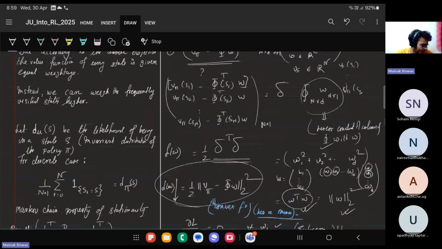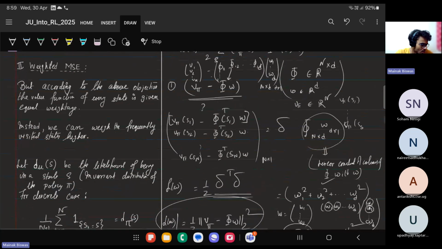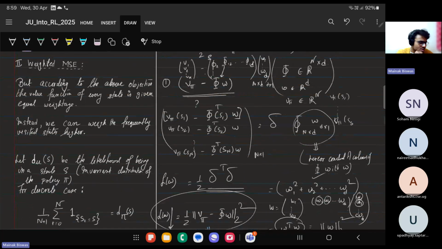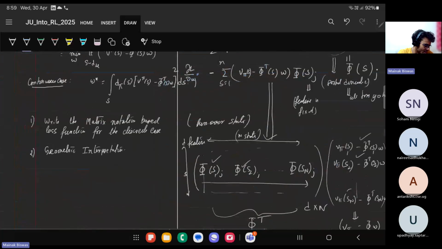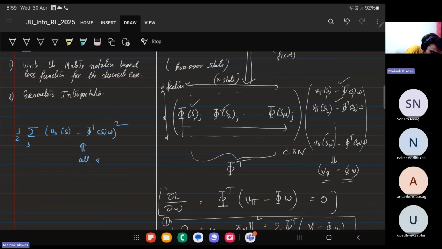So now I say that we have a weighted MSE question. What does it mean? There's a problem with the formulation that I discussed. The problem is that according to this objective, the summation of (V pi of S minus phi transpose S into W) squared over all states, all states are given equal weightage.